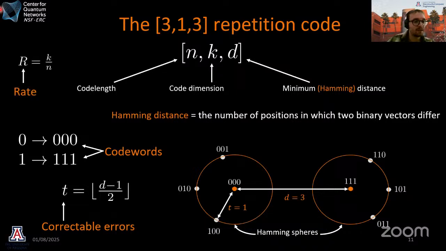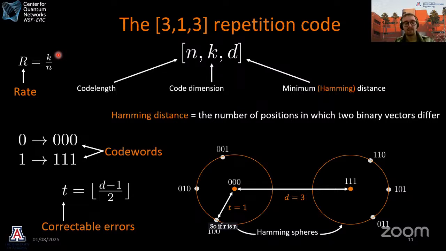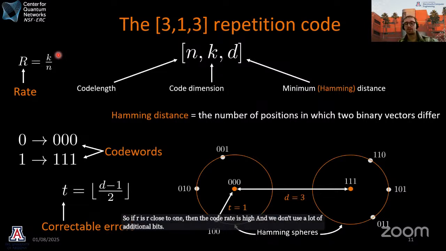We also define the code rate, which is simply K over N, which gives us the amount of redundancy that our code adds to protect our information. So if R is close to 1, then the code rate is high, and we don't use a lot of additional bits to protect the information.